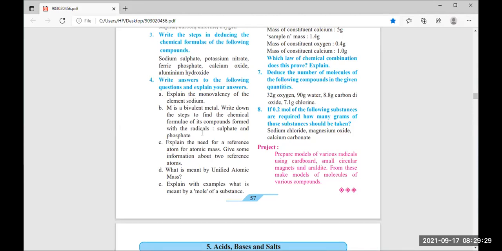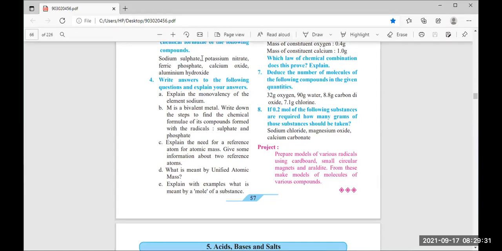So how can we write? See here, I'm going to write first. Step wise, you can write: bivalent means its valency is 2 plus. Then step 1, with sulfate: M 2 plus, SO4 2 minus.